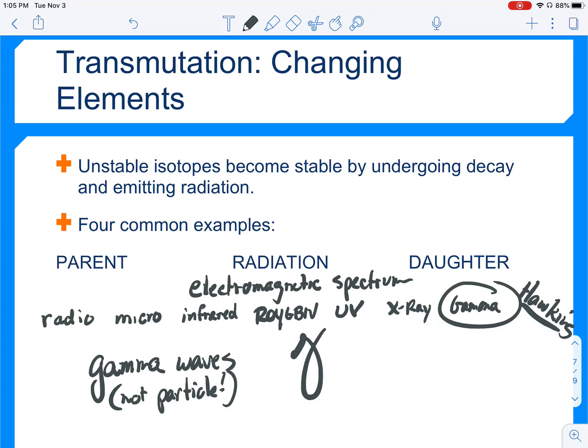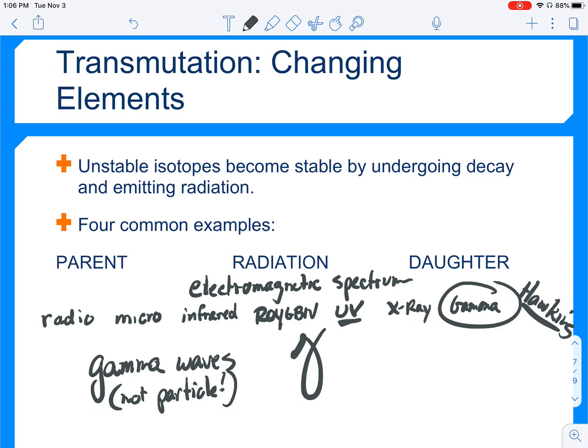You know, we get sunburns from UV radiation because the UV radiation penetrates the outer layers of the skin and interacts with it. So it can cause sunburns and skin cancer. X-rays will pass through the soft tissues of our body, but not through bones. So X-rays are used to visualize bones if you have a broken bone.